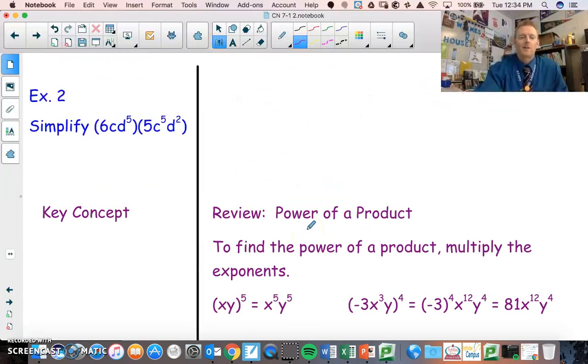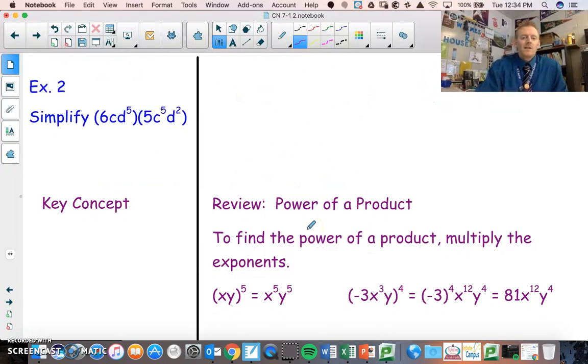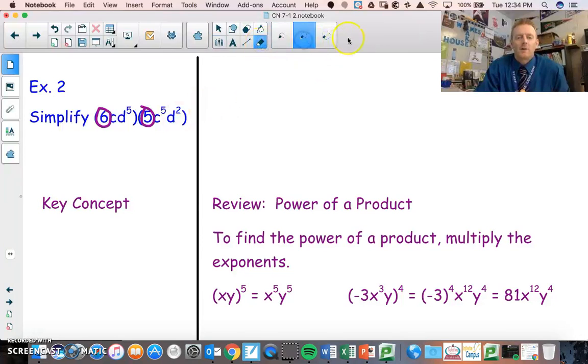So let's keep moving. I have another idea here for you. You're going to match up the parts of the problem. Your regular constants, or the coefficients in this case, are going to get multiplied together. So 6 times 5 makes it a 30.